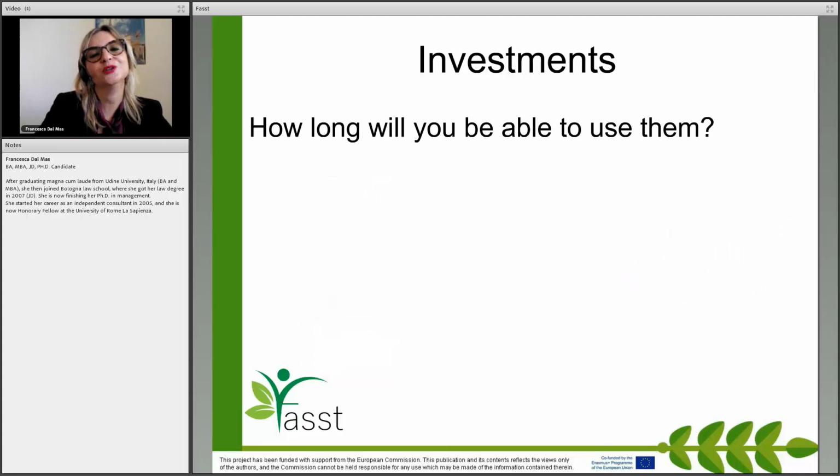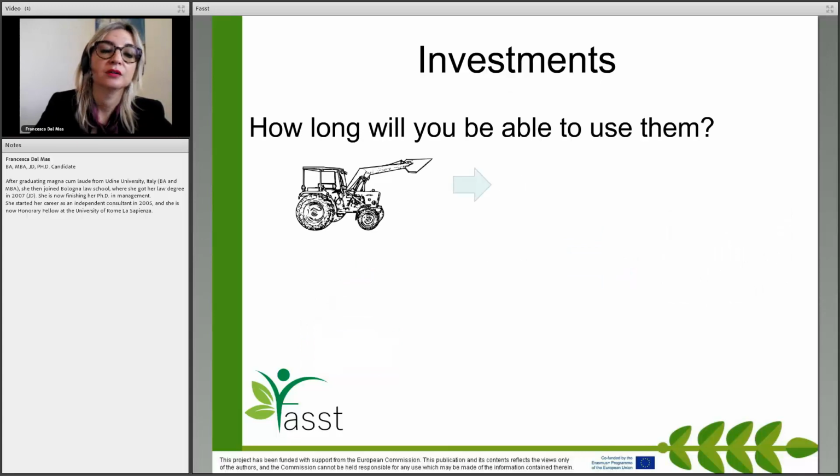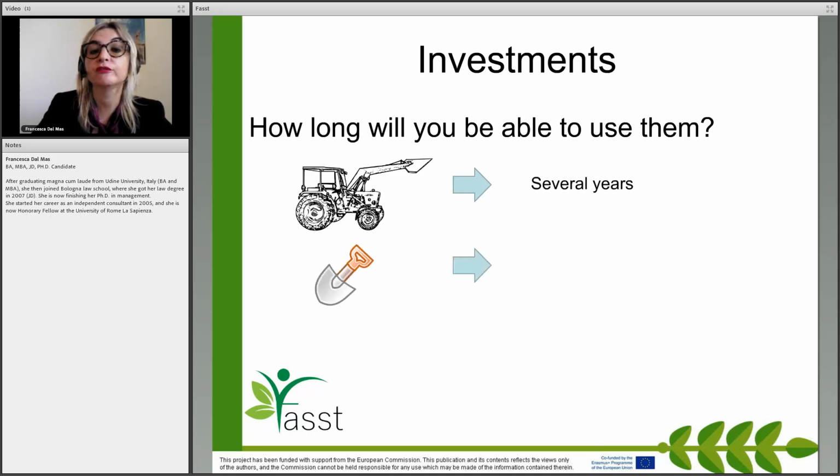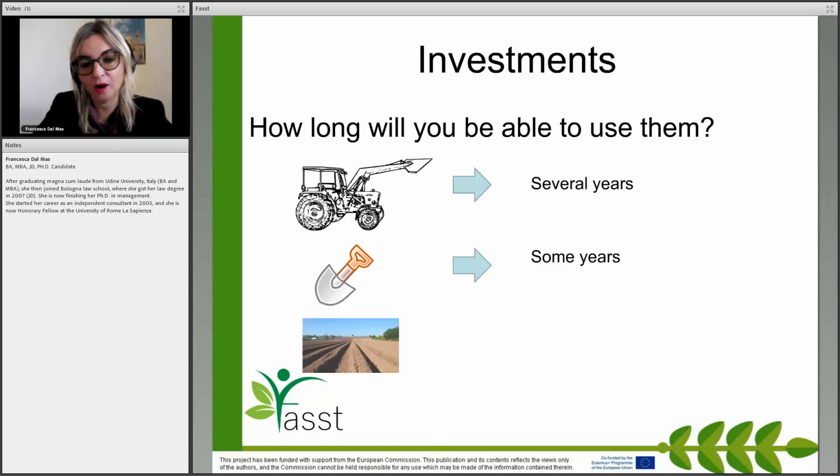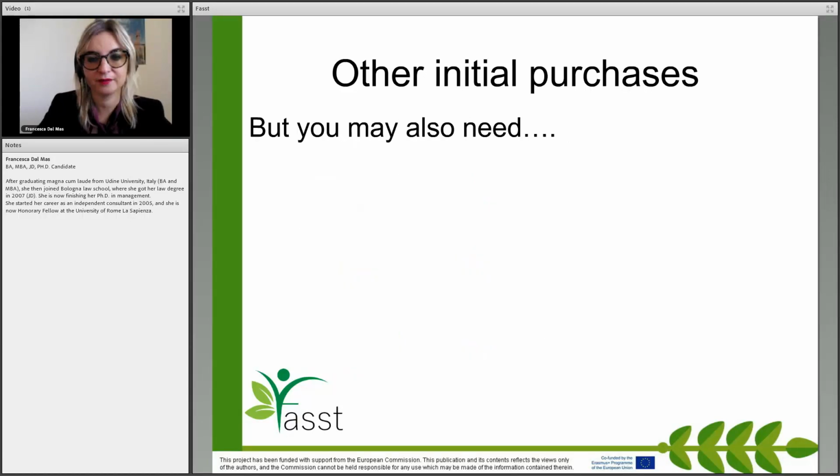So how long will you be able to use them? The tractor can be used for several years, the shovel for some years, then you will probably need a new one, but your piece of land can be used forever and ever.